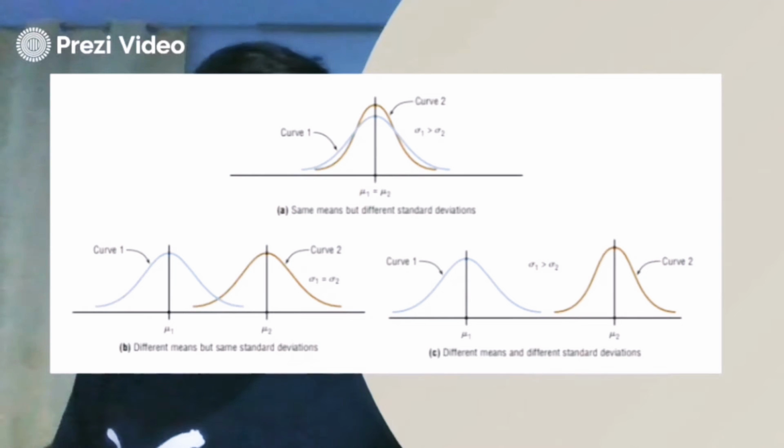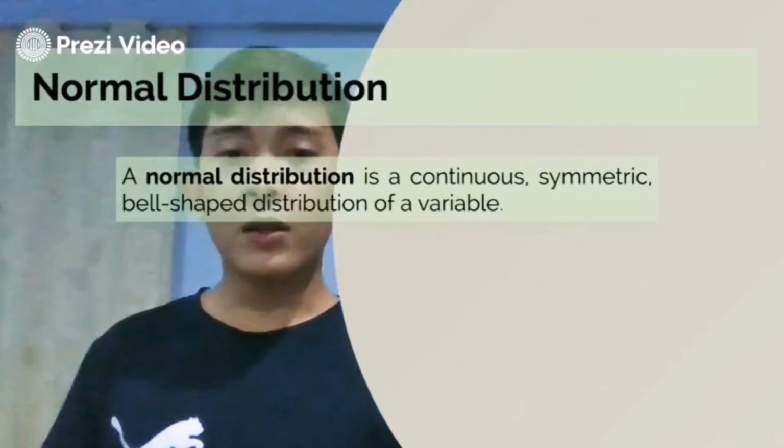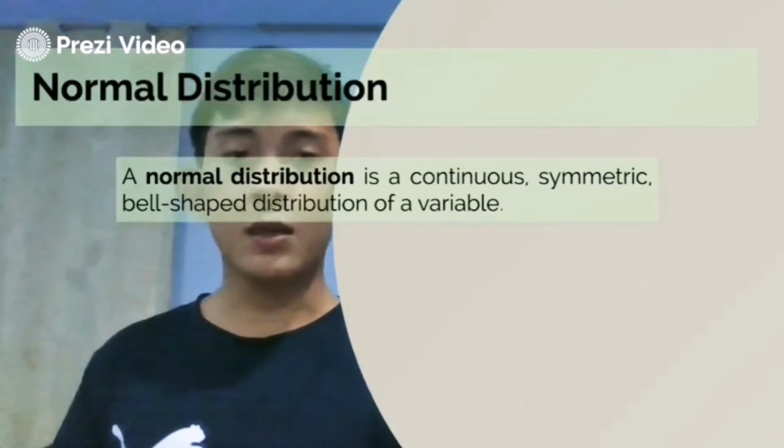The positions are far apart, given that the means and the standard deviations are different from one another. It tells us that when there are different means and different standard deviations, the height and the horizontal position of the graph are absolutely different. We conclude that a normal distribution is a continuous, symmetric, bell-shaped distribution of variables.